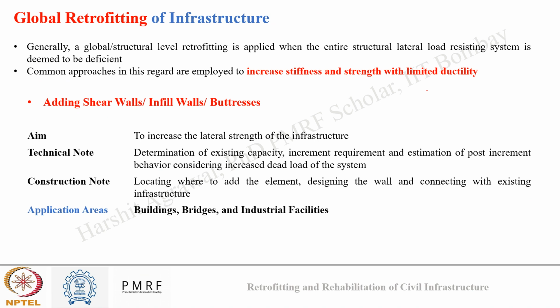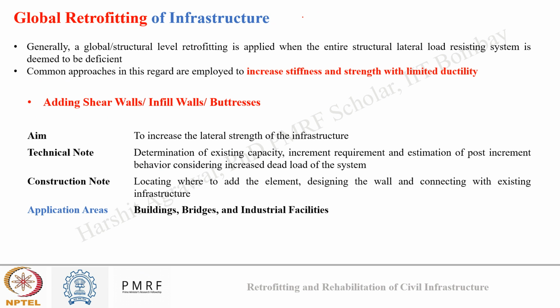Generally, global or structural level retrofitting is applied when the entire structural lateral load resisting system is deemed to be deficient. So if the entire structure is deemed to have deficiency in lateral load carrying capacity, then we opt for global retrofitting.